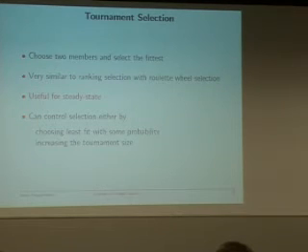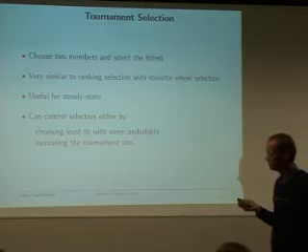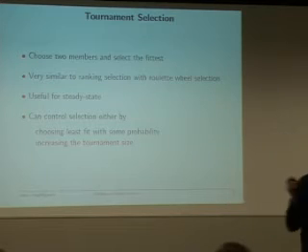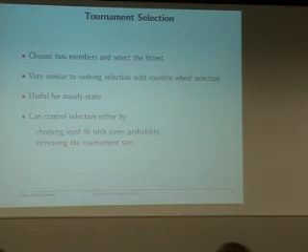It's quite a useful way of doing steady state; in steady state GAs, it's a very simple thing to do. You can control the selection strength either by choosing the least fit member of your tournament with some probability, which weakens the effect of selection, or you can increase the strength of selection by increasing the tournament size.